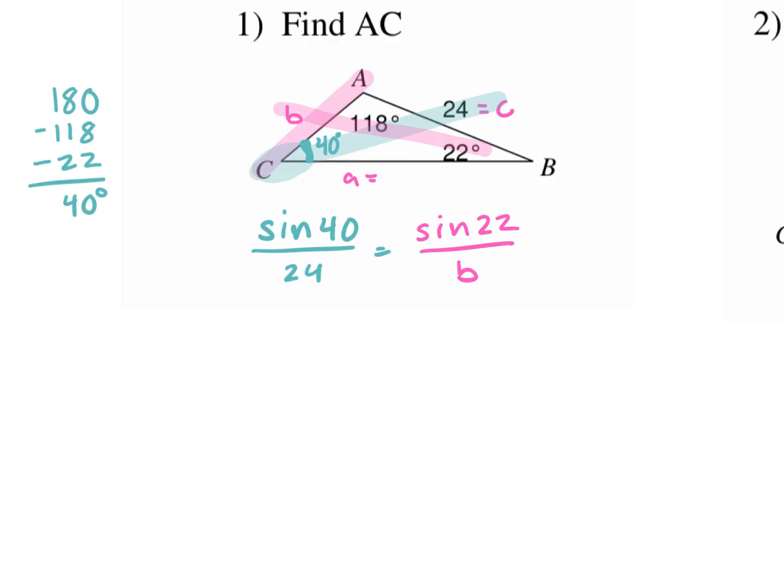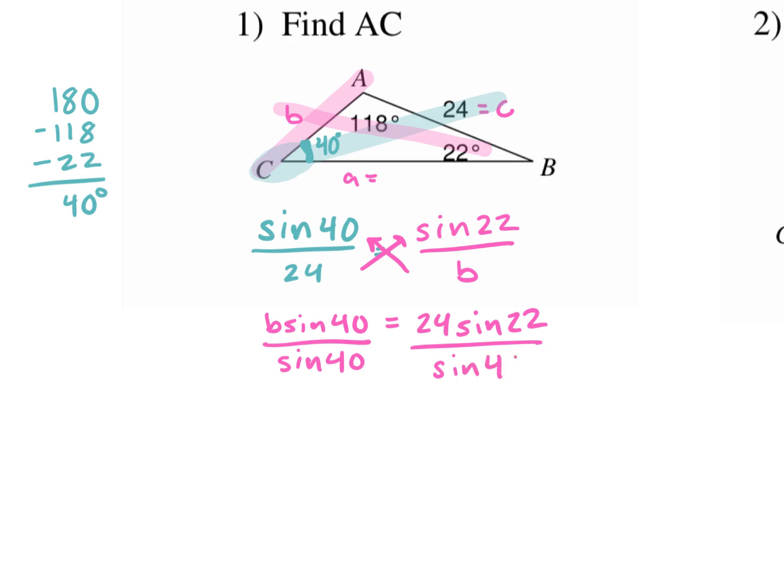Awesome. What should we do to solve? Cross multiply. So B times sine of 40 is equal to 24 times sine of 22. And then how can we get B all by itself? Divide by sine of 40.